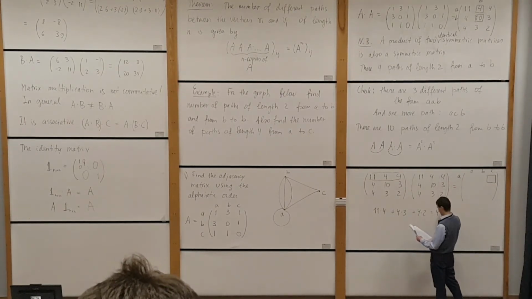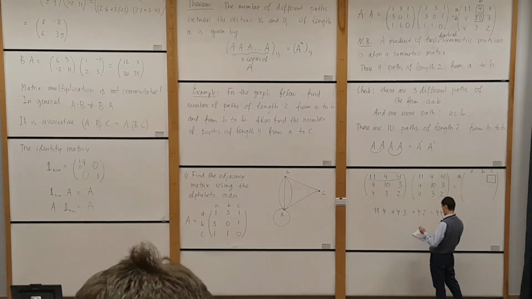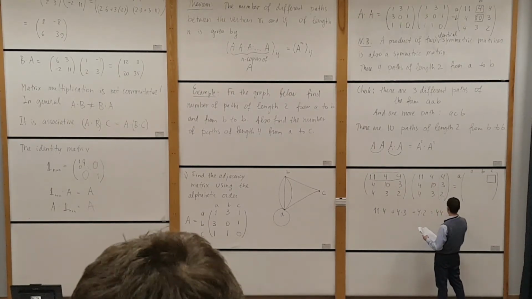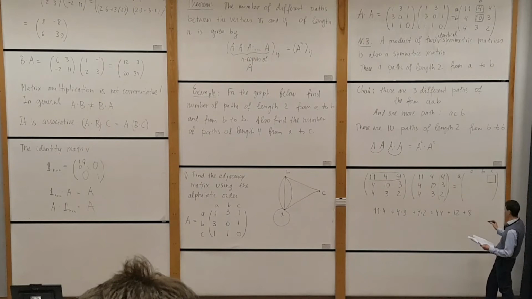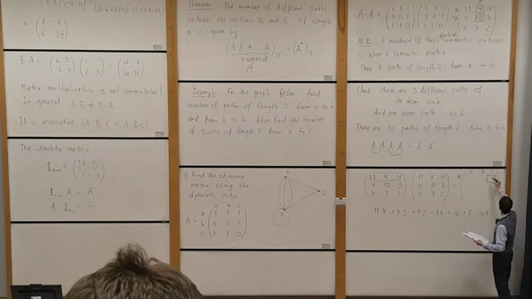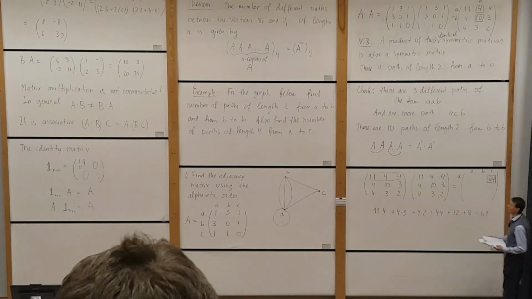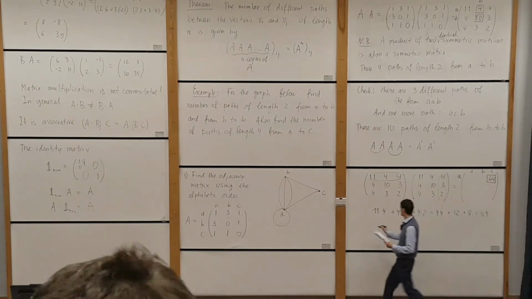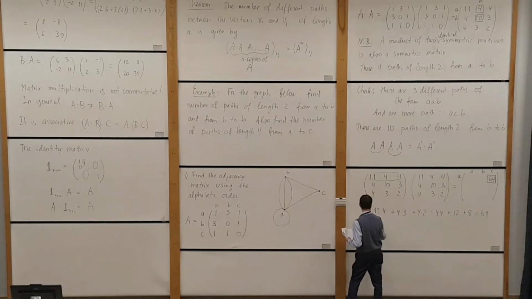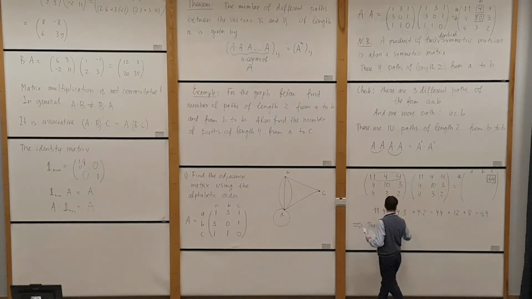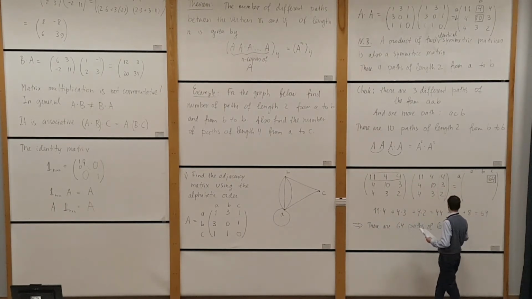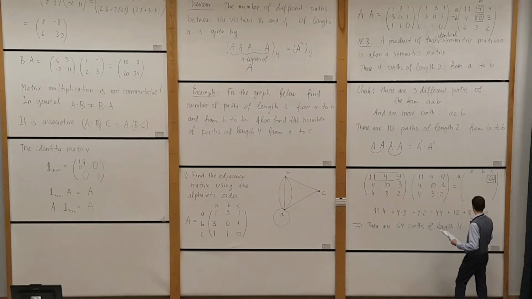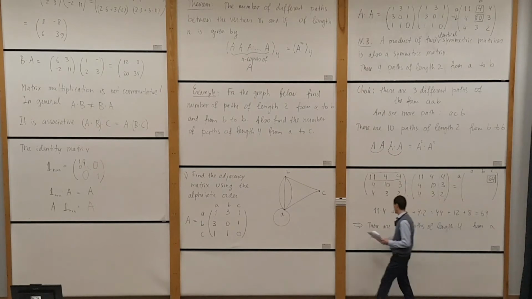So that's 44 plus 12 plus 8, or 44 plus 20, that's 64. So that is the entry which is sitting there, and that's the answer to my question. So it follows that there are 64 different paths of length 4, well, from A to C, from vertex A to vertex C.